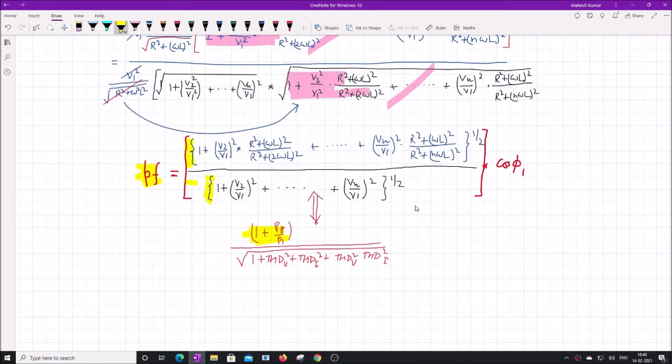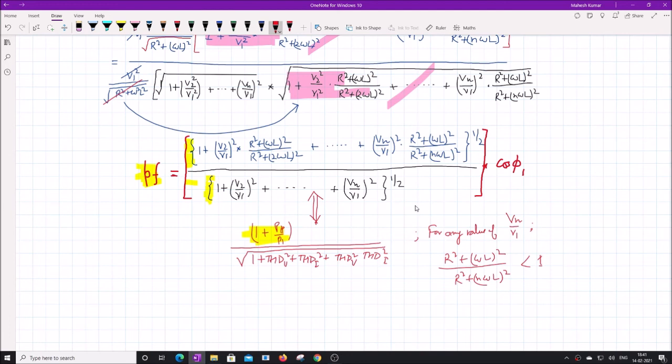That for any ratio of B2 by B1, for any value of B n by B1 factor, (r square plus omega L square) by (r square plus n omega L square) is always less than 1.